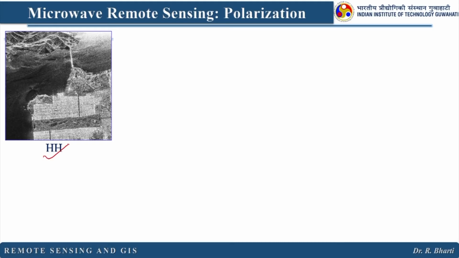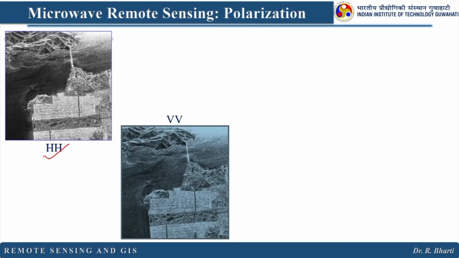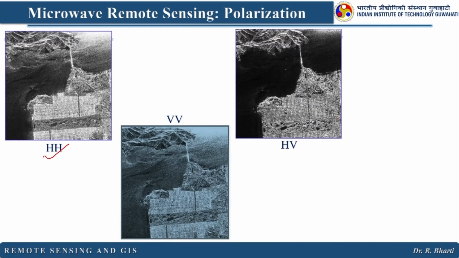This is one HH image, where the transmitter has used horizontal polarization and the receiver horizontal polarization. Here is VV, then the third one is HV. You can see all these three images, and can you find the difference or additional information in the different polarizations? Here in HH, this particular area is actually better than the others. If you see VV, you can see this particular area, this is a water body.